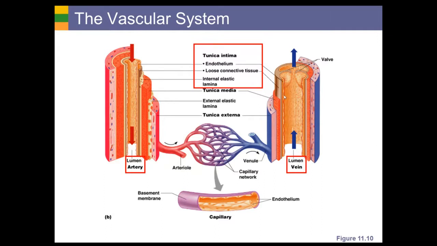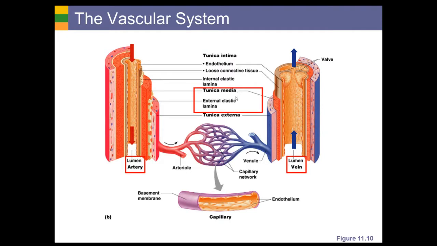The cells are very, very flat and have very low friction, because you want as little friction between the blood and the artery as possible. Then you have some connective tissue that supports the endothelium layer. And at least with the artery, you have elastic tissue that helps the artery stretch and recoil, that is, return to its normal length.